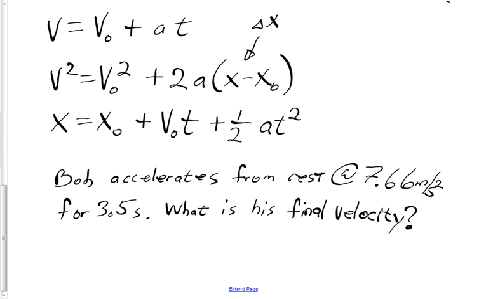And then the last one here is x equals x naught plus v naught t plus 1/2 at squared, where this means the final position is equal to the initial position plus the initial velocity times the amount of time that the event occurred times 1/2 times the acceleration times, again, the same time that the event occurred.